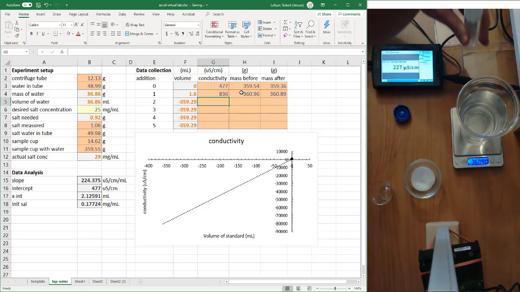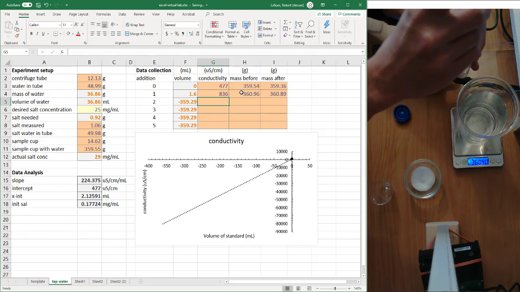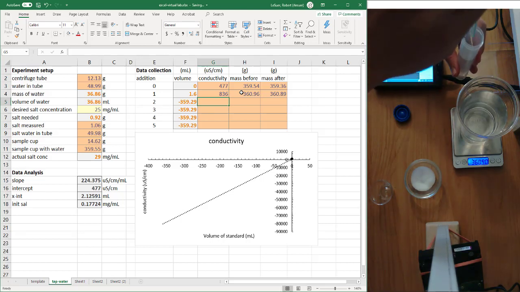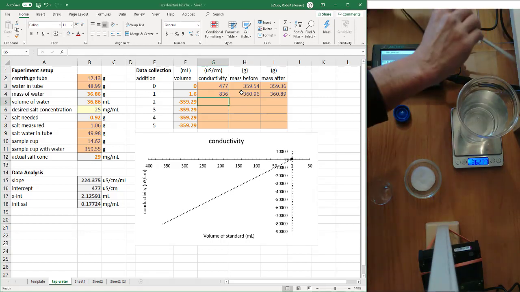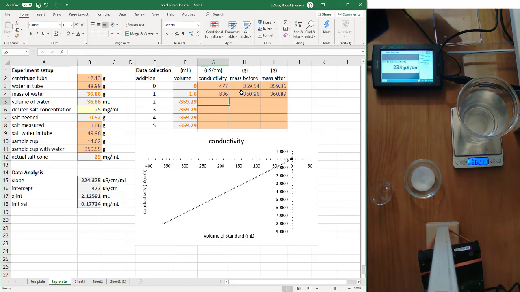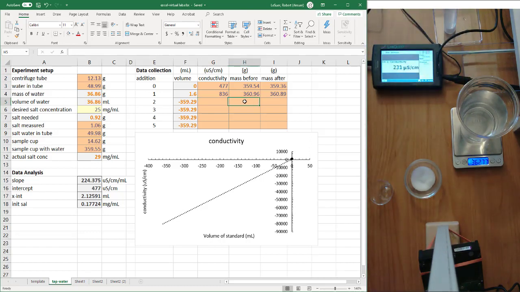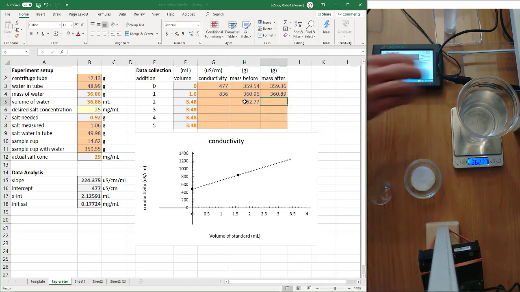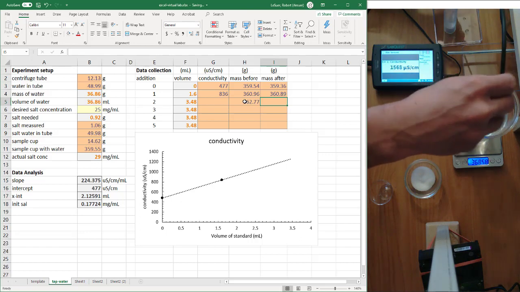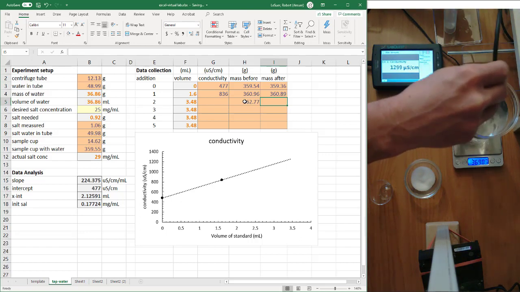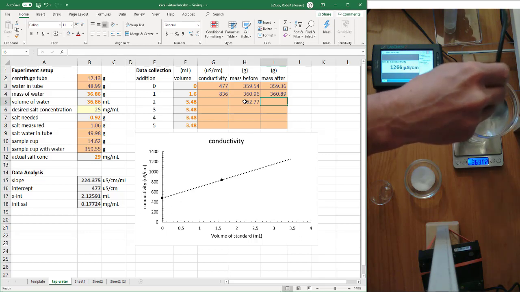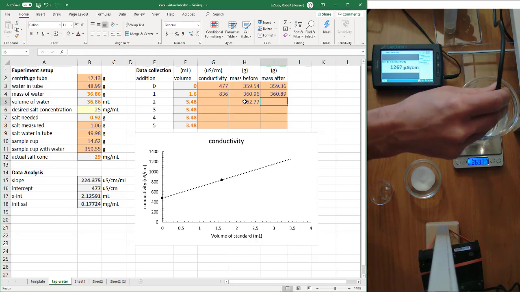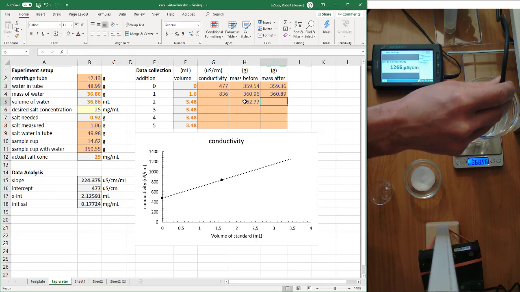Wash, rinse, repeat. Call that 1266. We'll call that, yep, 1266.